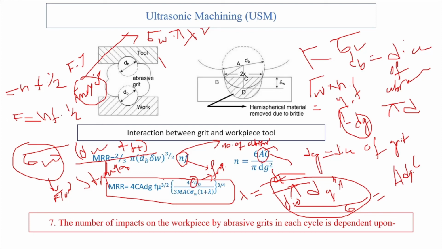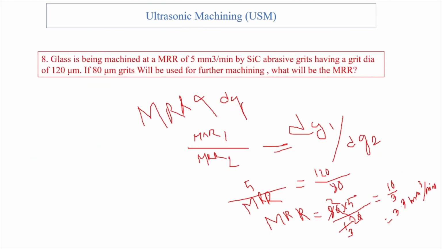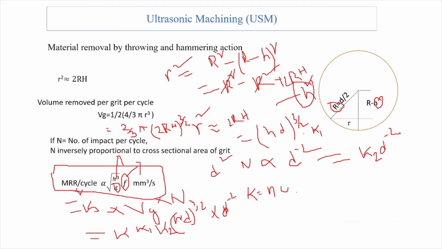If we simplify this whole equation, we will get MRR. These are the equations which we are getting through hammering and throwing action.